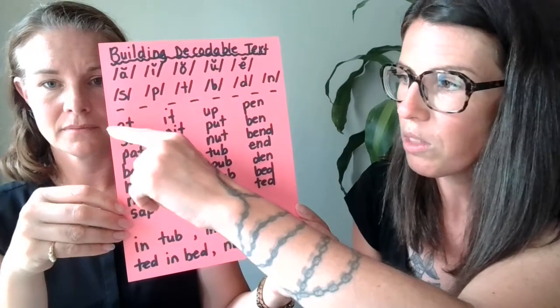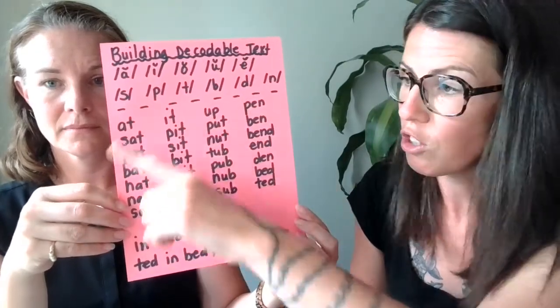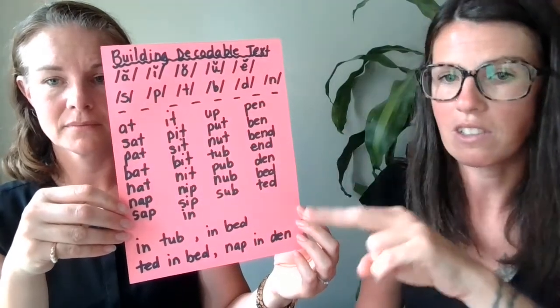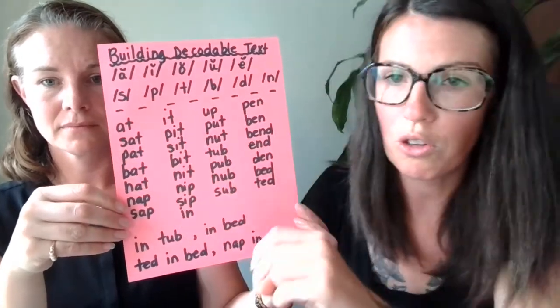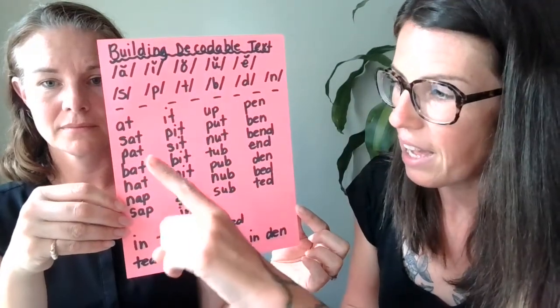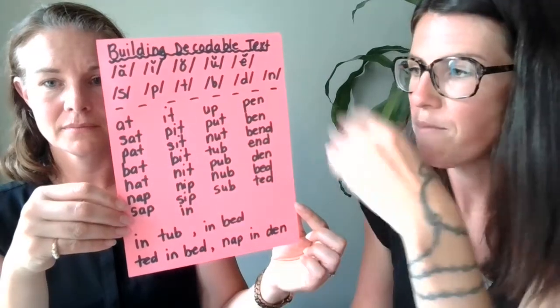Even if you start with the two-sound words first, like at, it, up, have them read those and they start to see success. Then you introduce your third sound: sat, pat, bat, hat, nat, and you can go on. And so they've mastered that.